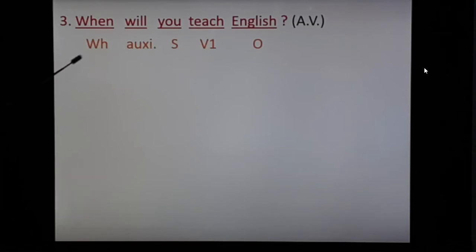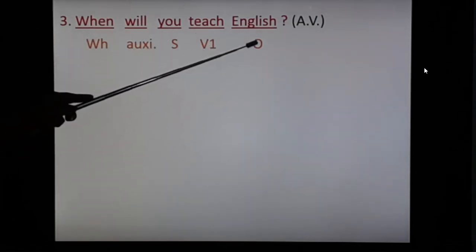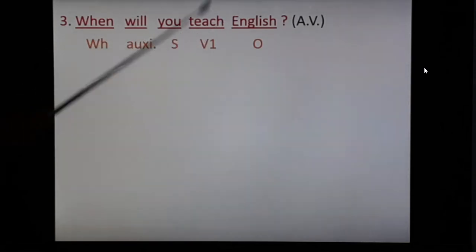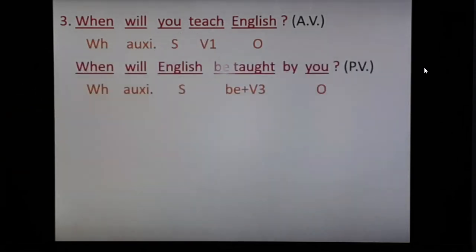Next, when will you teach English? Question mark. So this is active voice. By is not given and the V3 form is not mentioned. When is the WH word, or you can say WH question. Will is the auxiliary verb, you is the subject, teach is the V1 form, and English is the object. Let's turn this to passive.